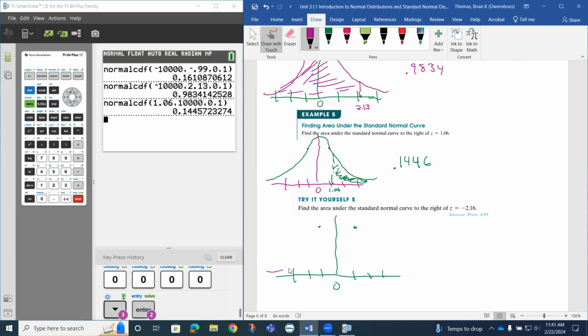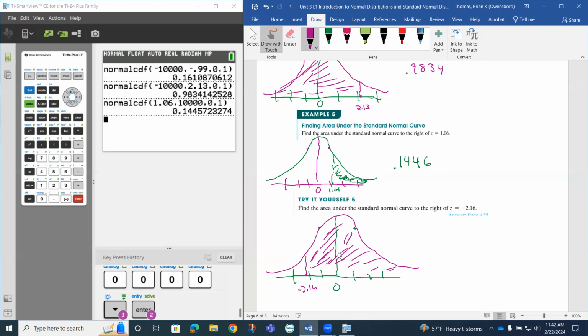So the curve comes up, hits that point, turns, comes over, turns again, and then you have something like that. Not a great drawing, but it'll work for us. So negative 2.16 means we're going to be just to the left of negative 2. So we're about here. But notice how this wants the area to the right of negative 2.16. So really what it wants is this area over here to the right.